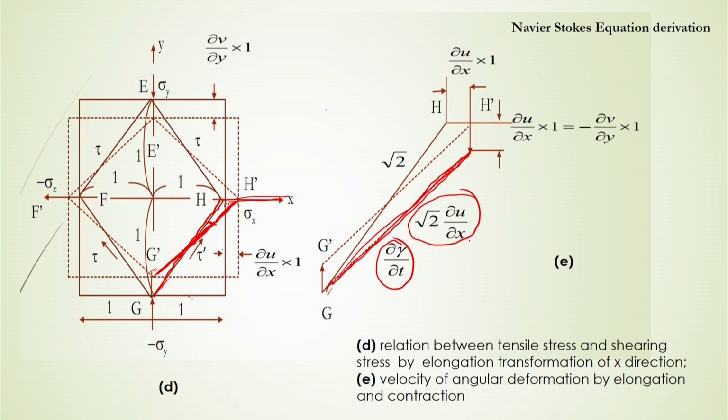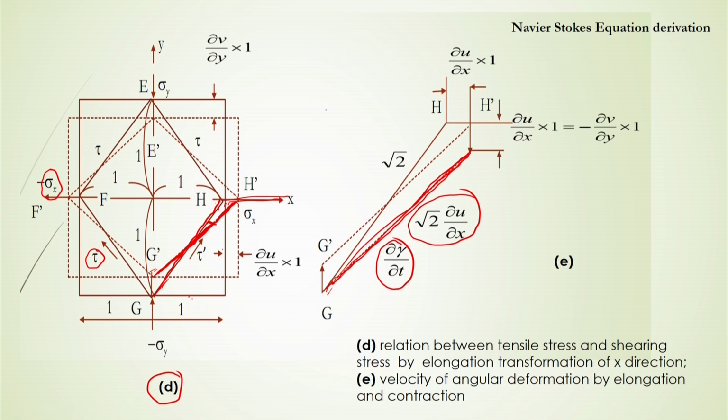Now, D represents the relation between the tensile stress and the shearing stress. Sigma x is called the tensile stress and tau is called the shearing stress, produced by this elongation in the x direction.